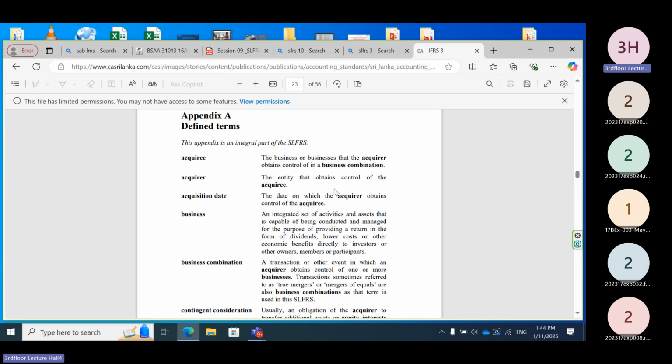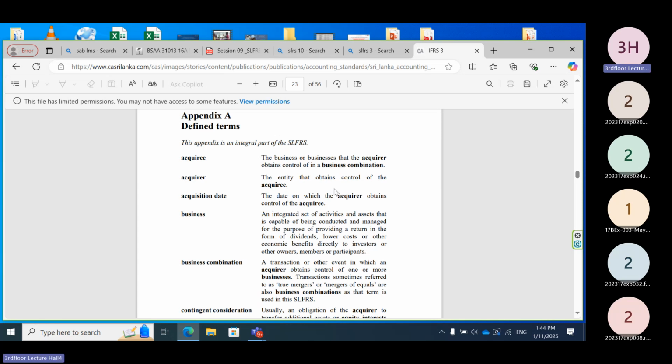So control is what we discuss first. Which date we got that control, which date we received that power, at that date we consider as the acquisition date. That's really important. From that date, we should start the consolidation.